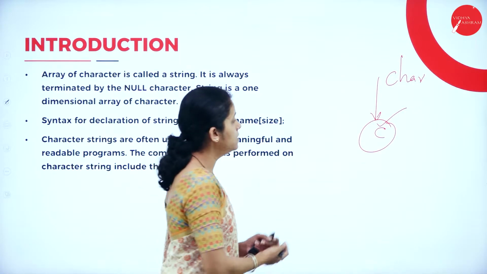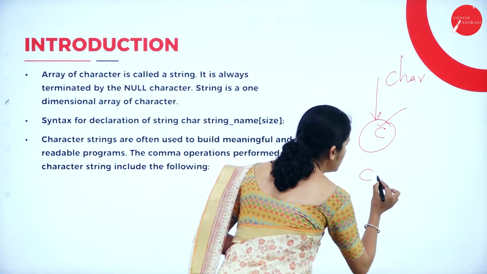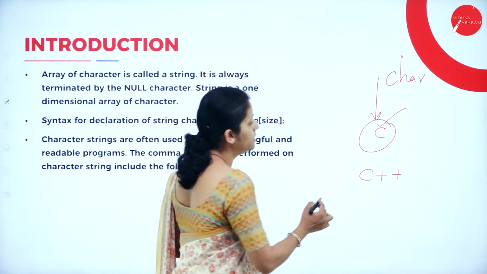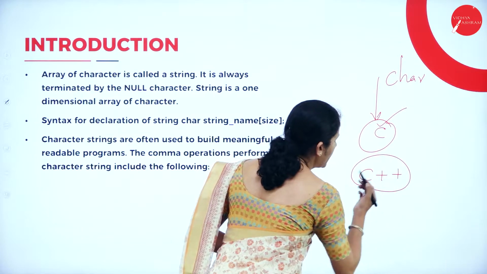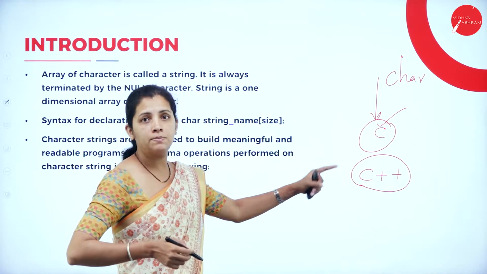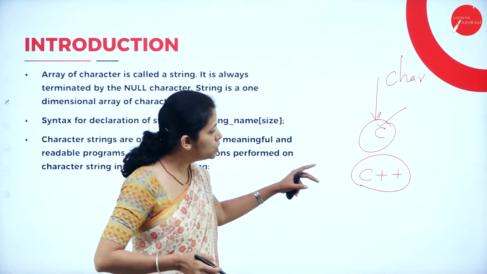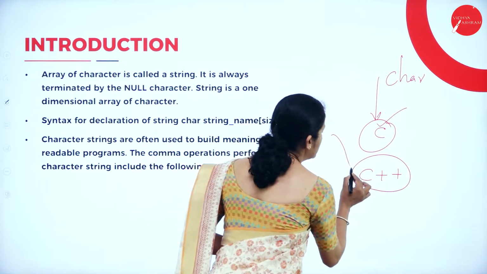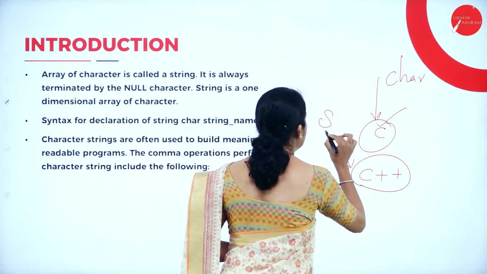For example, when I have C++, it is nothing but a group of characters. So here C++ is a group of characters. For that reason, it is called a string.